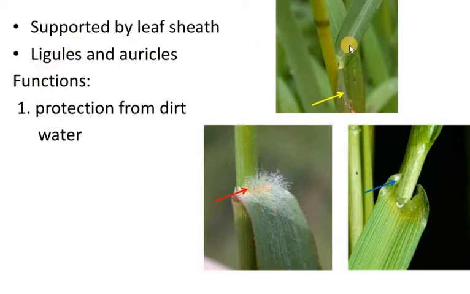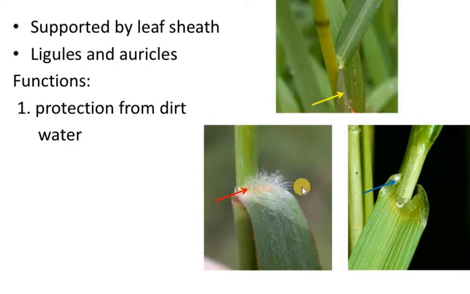Often in monocots, the basal portion of the leaf forms a sheath and covers the stem, and that is called a leaf sheath. If you try to remove a monocot leaf, like a paddy leaf, its base will be like a sheath over the stem, and that is called leaf sheath.